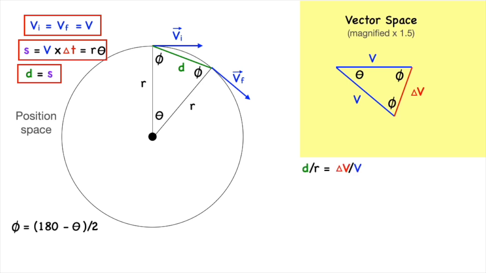So d divided by r equals delta v divided by v. Now substituting for d, we get the quantity v times delta t divided by r equals delta v divided by v.